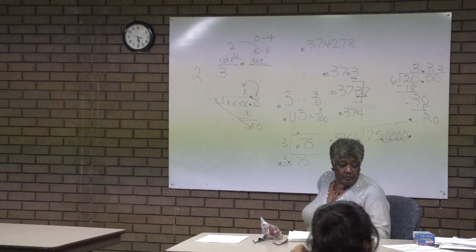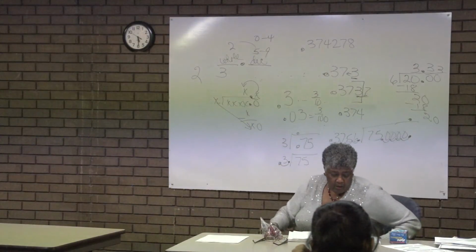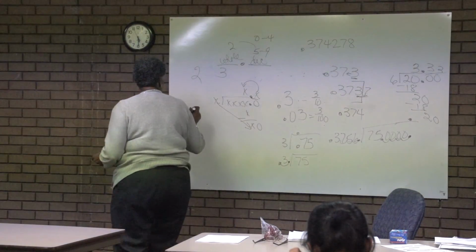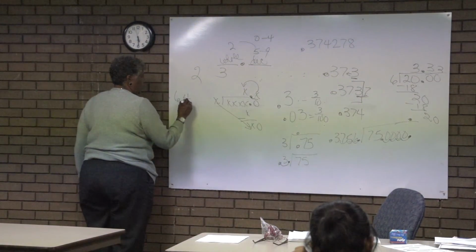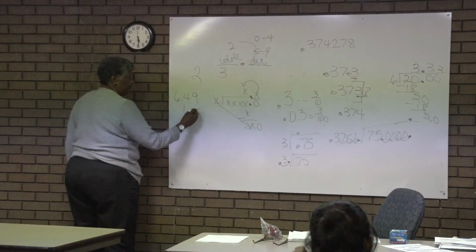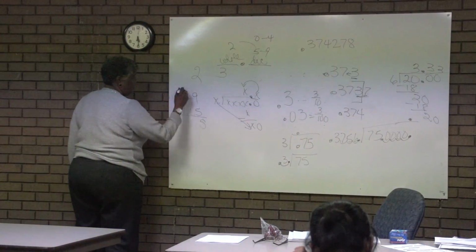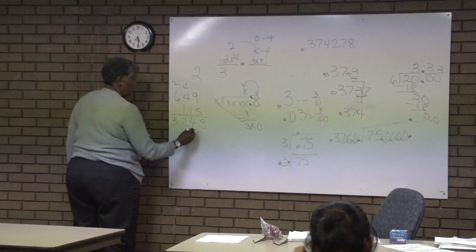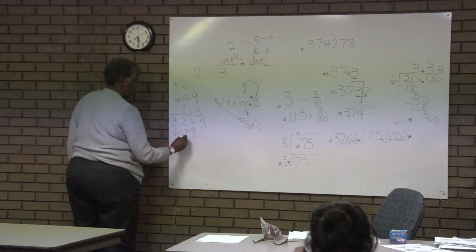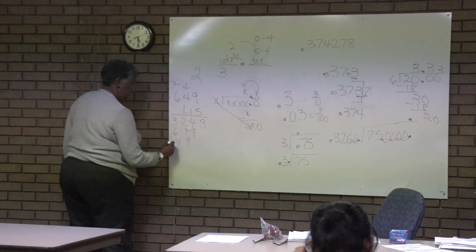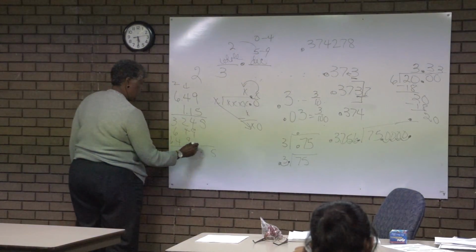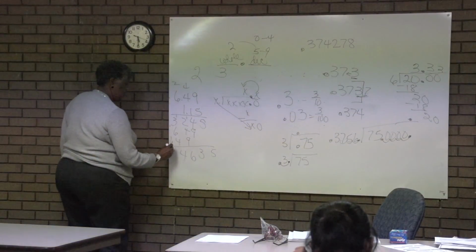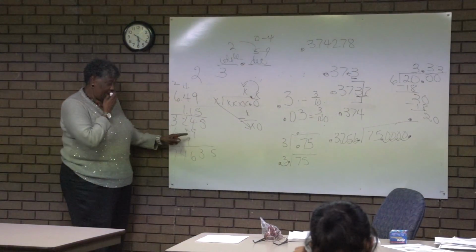We have 6.49 times 1.15, right? Which number did you get wrong through there?